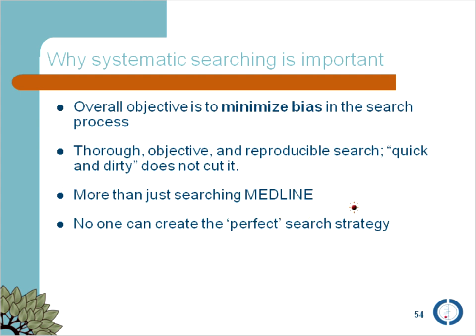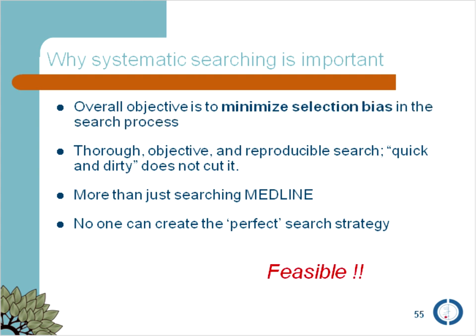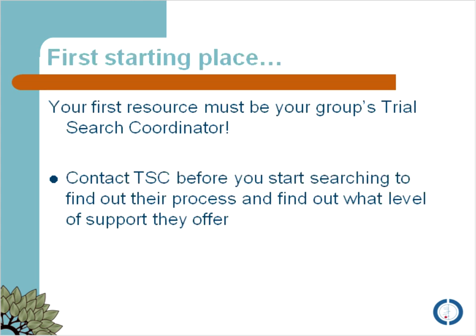And yet, no one can come up with the perfect search strategy. So at the end of the day, you need to have something that's comprehensive and yet feasible. You decide in that process, when you're talking with the trial search coordinator and other people in your review team, where to draw the line: yes, we feel we've been able to comprehensively pull the information together, to the best of our ability.